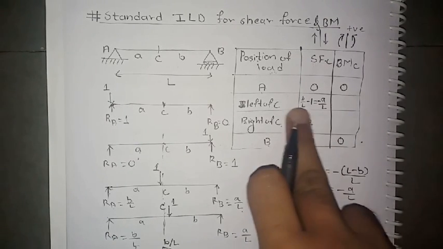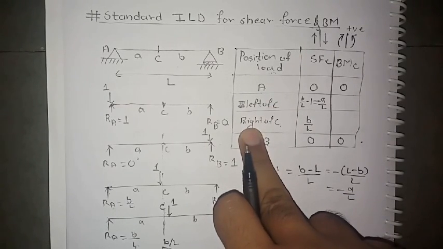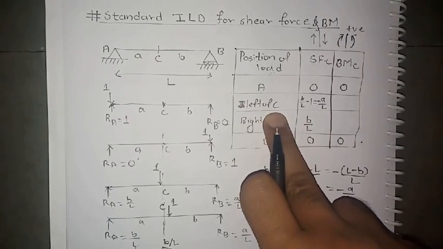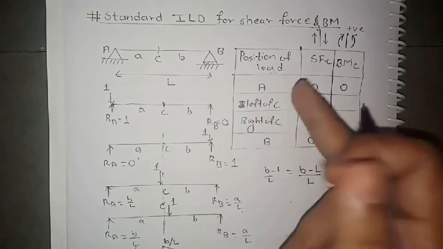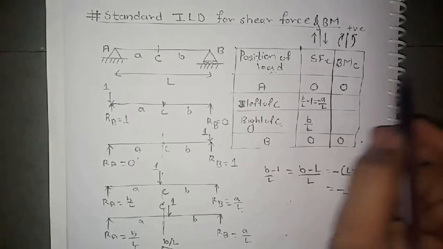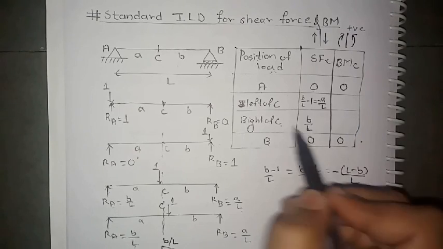For the shear force, we have to take just left of C and just right of C. For the bending moment, we can take it directly at C, or we can take left of C and right of C, and both will be equal.